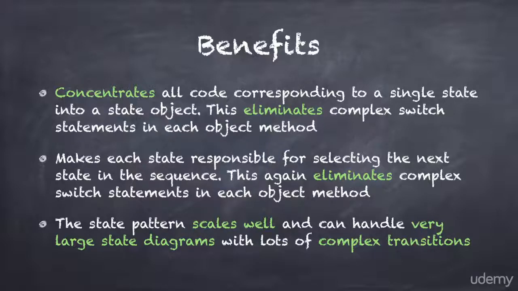Again, if you do not use the pattern, you would have to place this code inside switch statements in each object method. The pattern allows you to place the code in the most logical place, the state class. The state pattern scales really well, and it can handle very large state diagrams with lots of complex transitions.